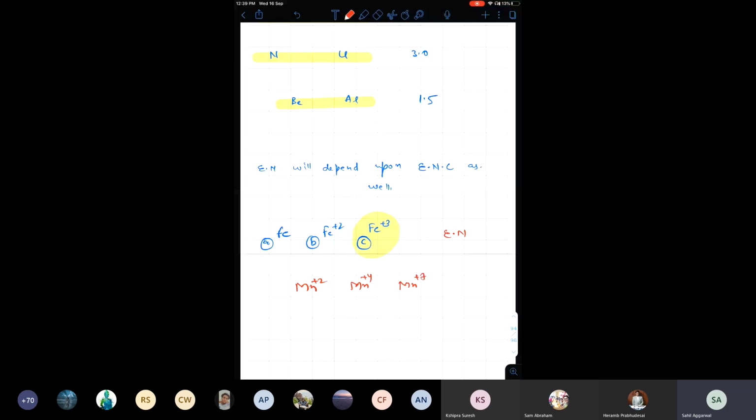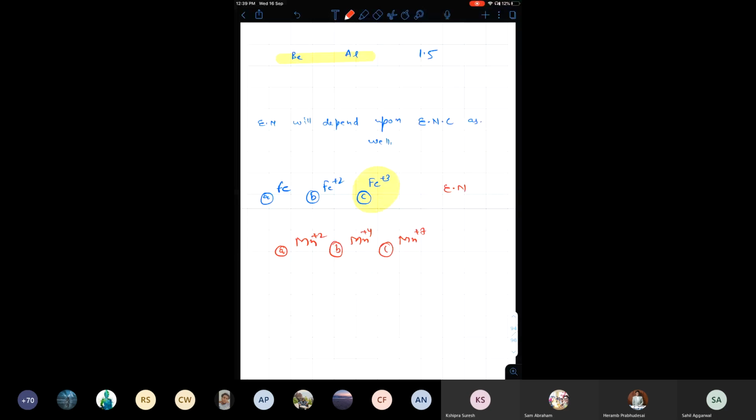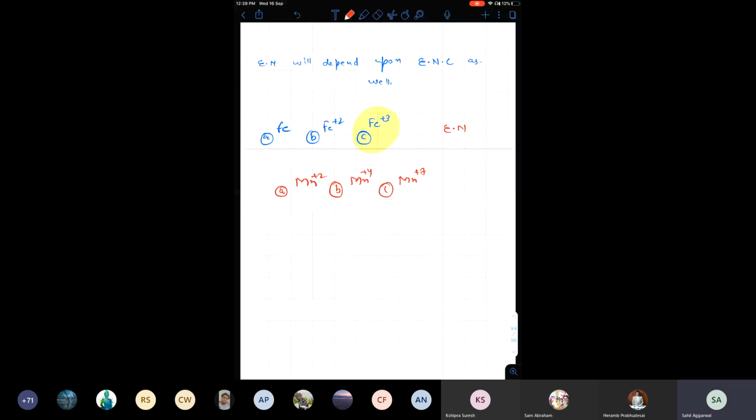Which will have maximum electronegativity? Which will have more electronegativity?